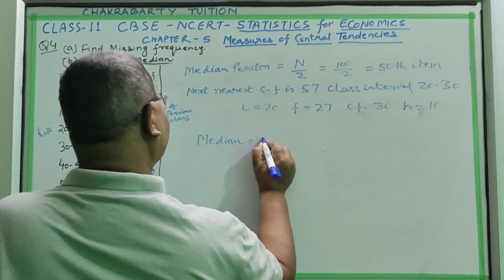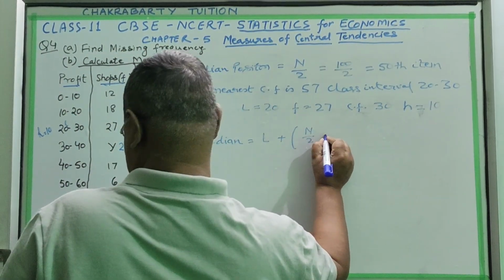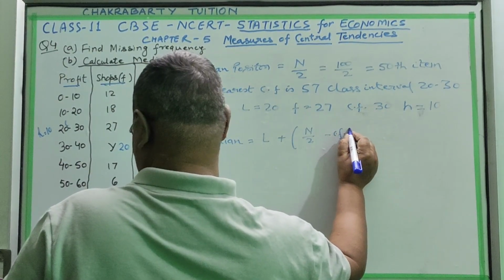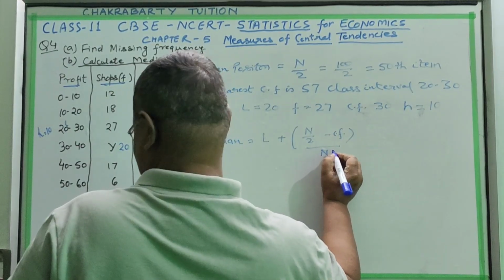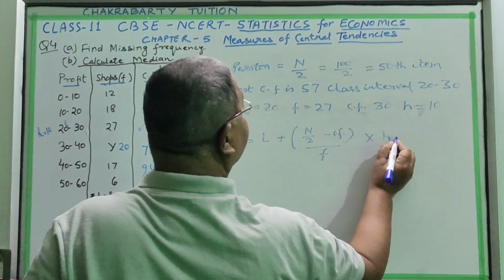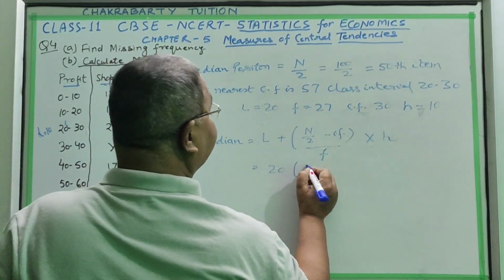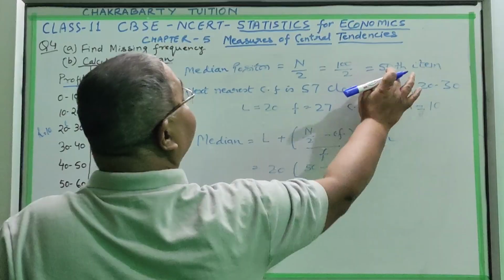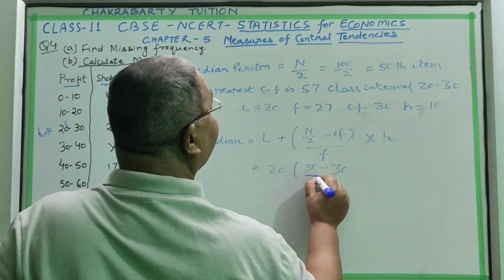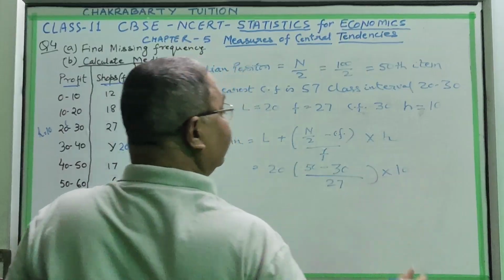Median is equal to, your formula is L plus n upon 2 minus CF, CF of the previous class, upon F, into H. So here L is equal to 20, n upon 2 you have calculated 50, and CF of the previous class is 30 upon F. F you have calculated 27, and H is your 10.